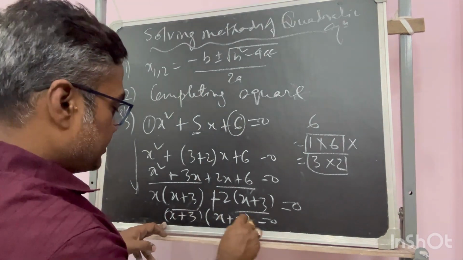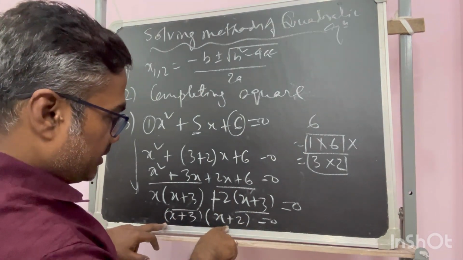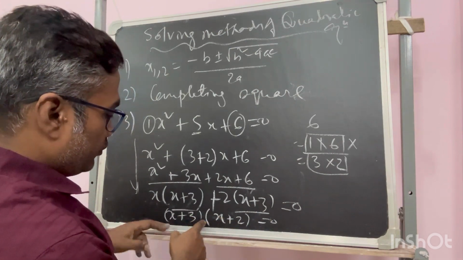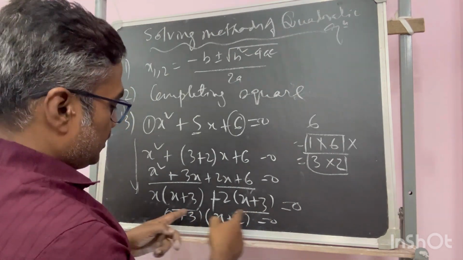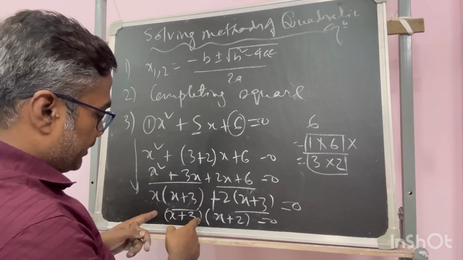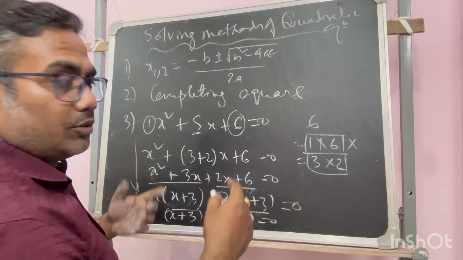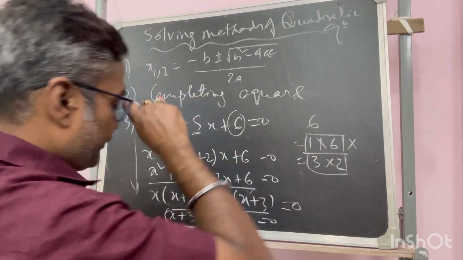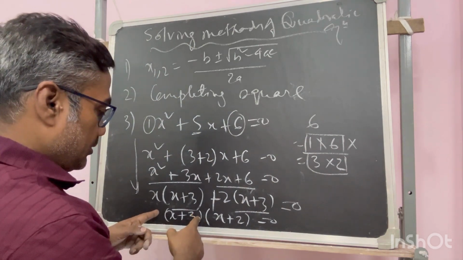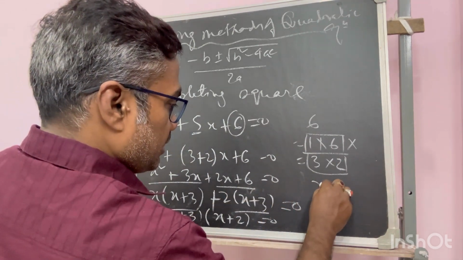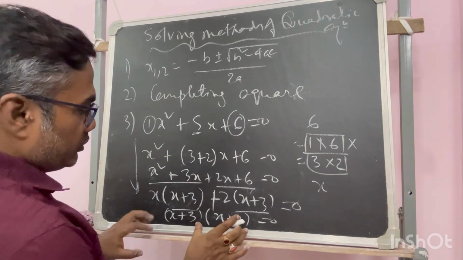So after getting this, if two factors are multiplied to get 0, there is always a possibility that either one is 0 or both are 0.